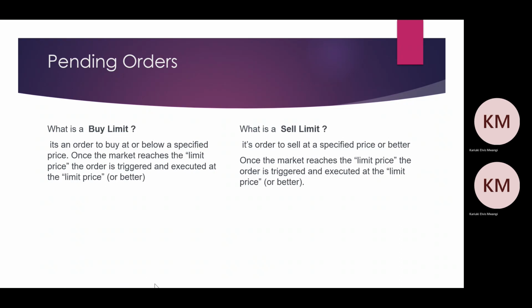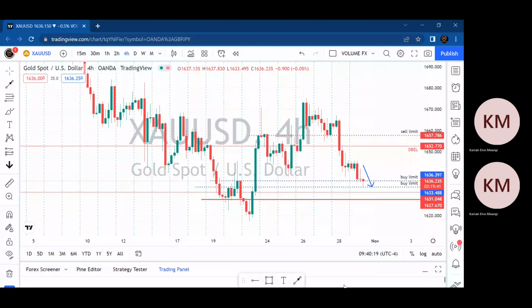In simple terms, this one is a reverse of the buy limit. You realize something, the market is at 1636.